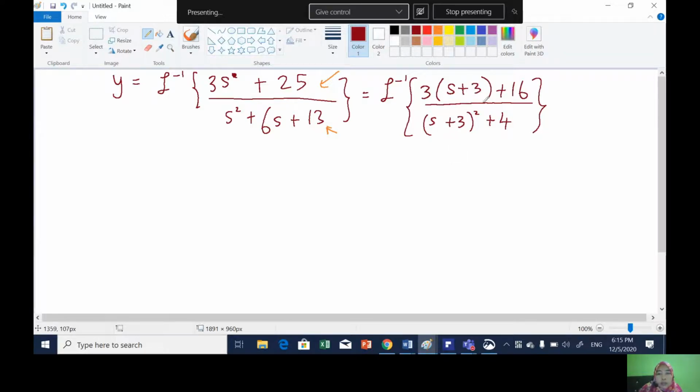Okay, so looking at the numerator, we can separate this into two separate functions like this. I'm going to continue here.